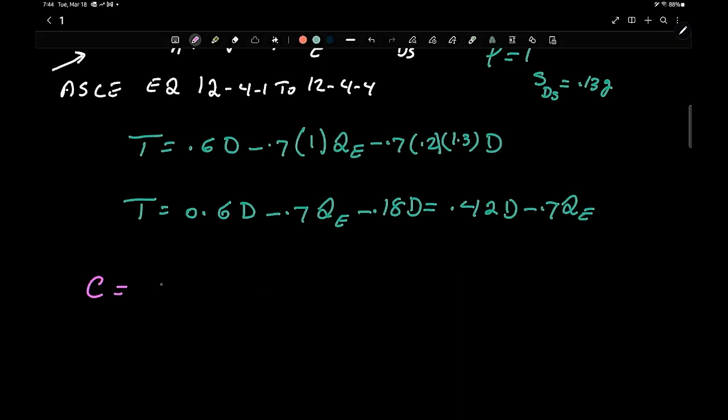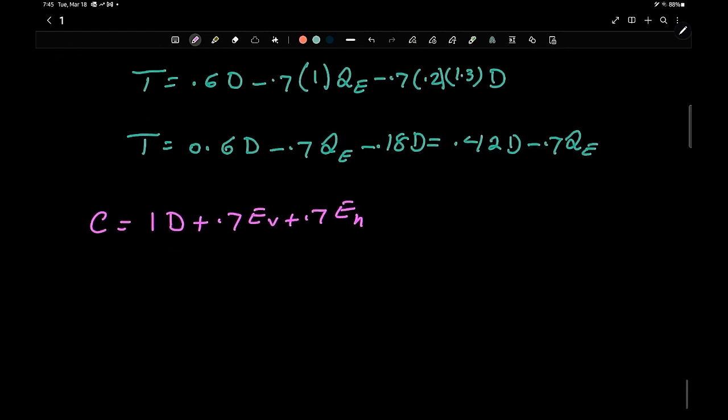Compression is equal, it's going to be 1D plus 0.7 EV plus 0.7 EH, and that should equal 1D plus 0.7 QE plus 0.7 times 0.2 times 1.3 D. Remember, there's a 1 here. I didn't just say 0.7 times 1.